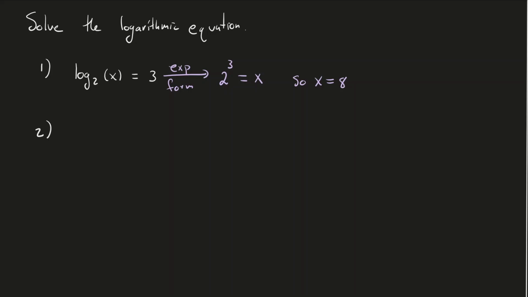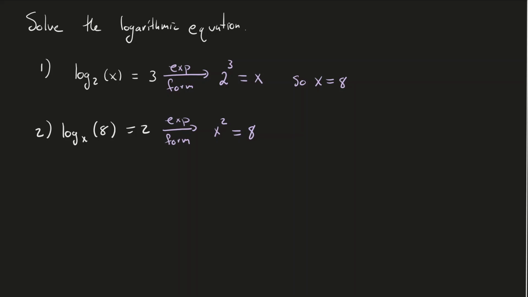So next, log base x of 8 is equal to 2. So this one we don't know the base. So converting this into exponential form, this tells us that x squared is equal to 8. So whatever x is, it satisfies x squared is equal to 8.